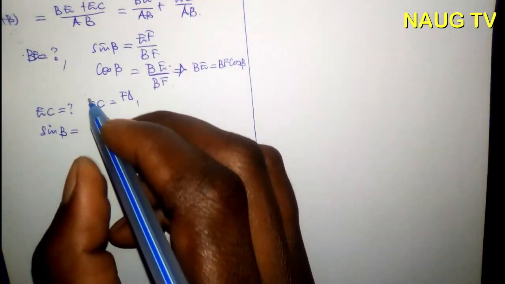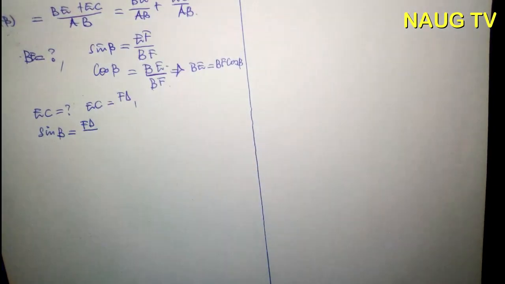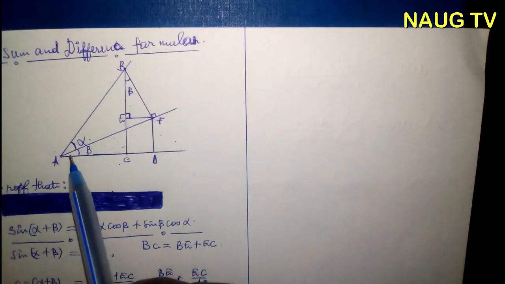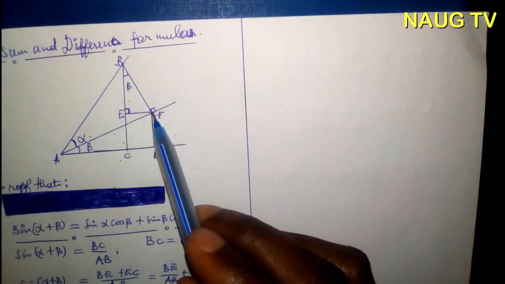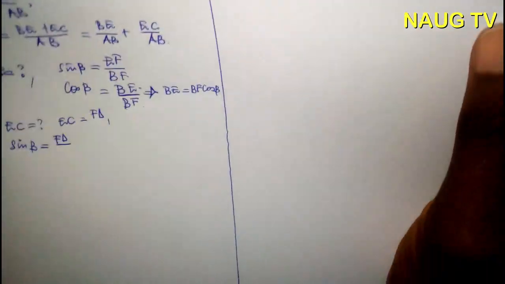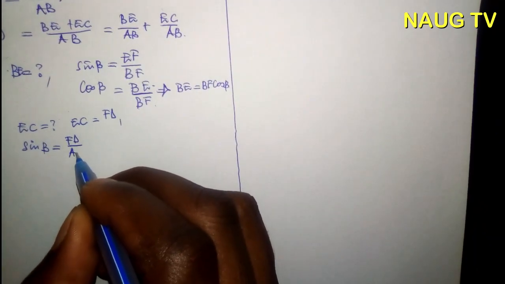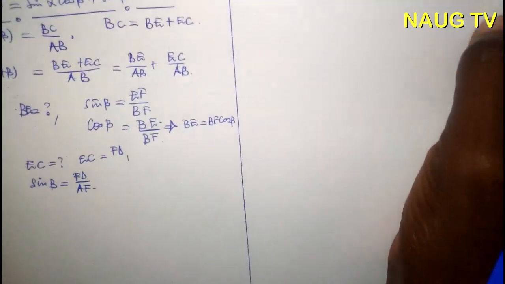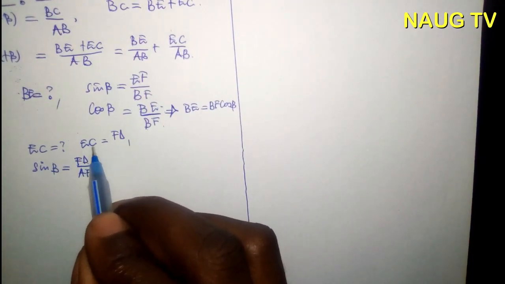Sine of beta equals the opposite side FD over the hypotenuse. The hypotenuse is the distance AF, A to F, right? We have seen that FD is equal to EC.